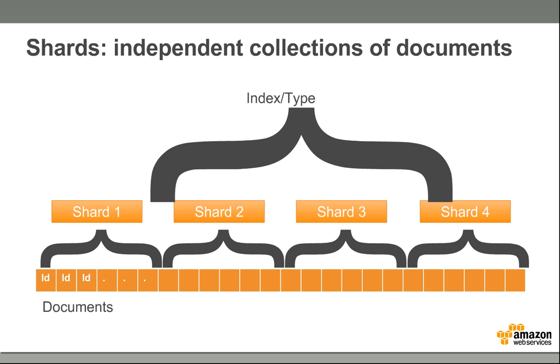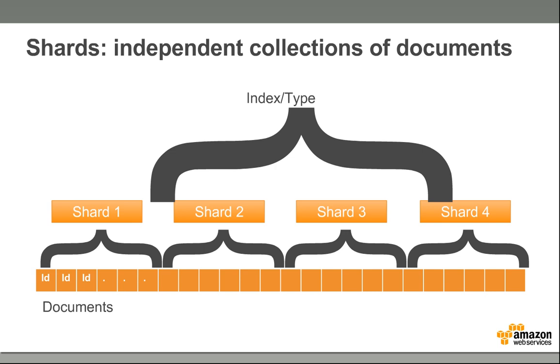Within Elasticsearch, if you recall the analogy we drew at the top level, we have a cluster, and within that we have indexes. An index is a collection of documents that have fields and values. As we search, we break them up into a number of shards.